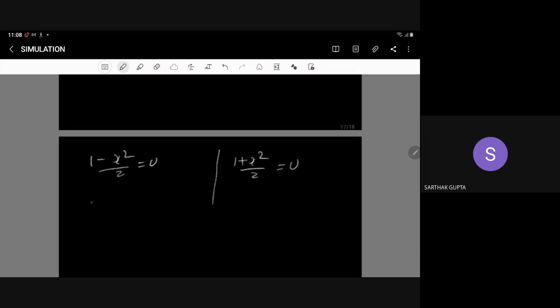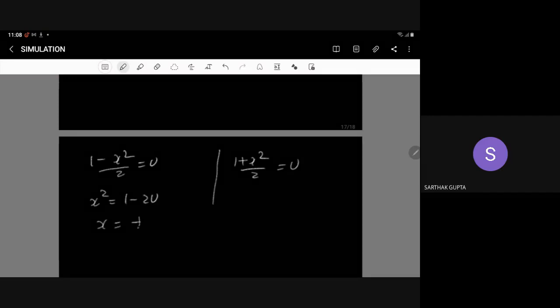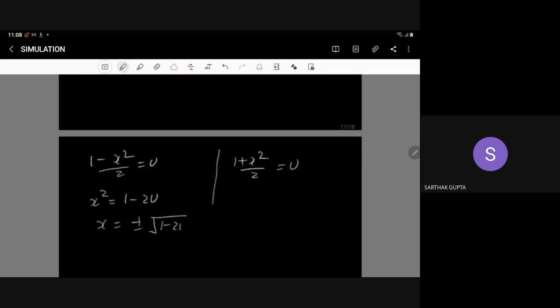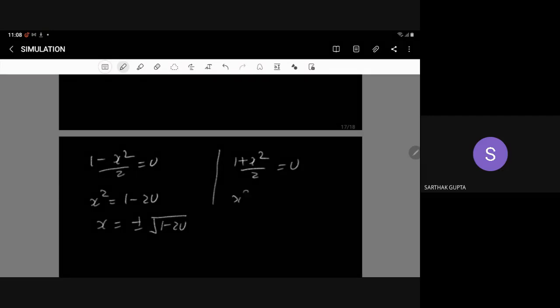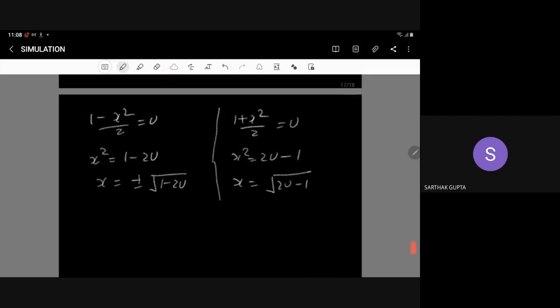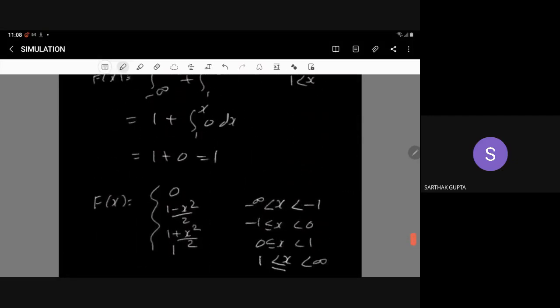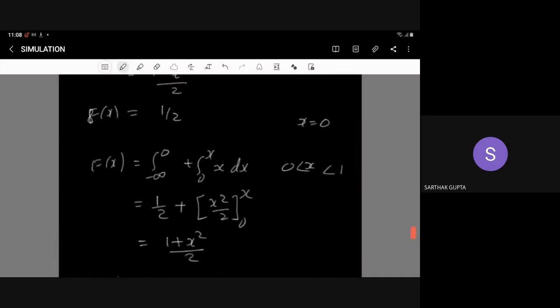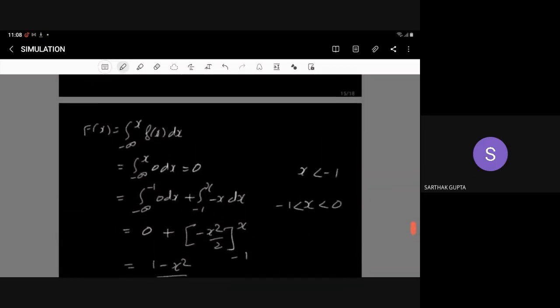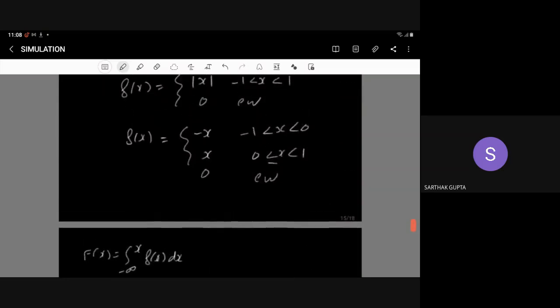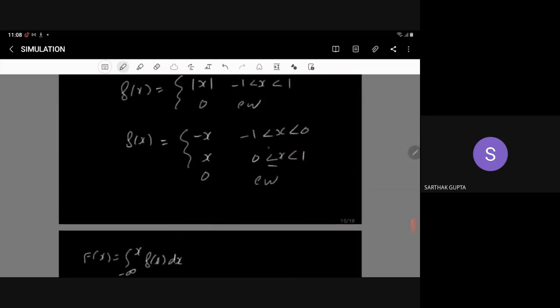This will give you x square is equal to 1 minus 2u, x is equal to plus minus root of 1 minus 2u. And here x square is equal to 2u minus 1, so x is equal to root of 2u minus 1. But we have seen in the PDF that x is negative also from minus 1 to 0.